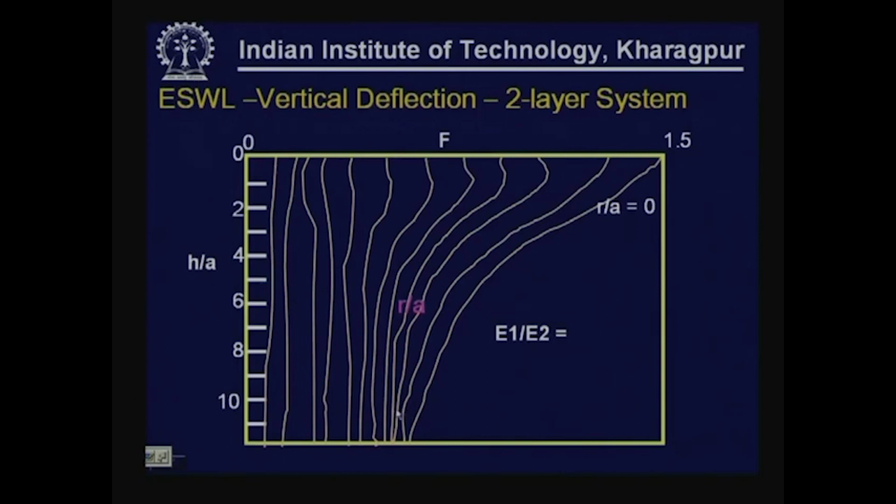You normally get standard charts in standard literature for different modular ratios, where E1 is the modulus value of the upper layer, E2 is the modulus value of the lower layer. For any given ratio you can get a set of charts. So once you identify the chart that has to be used, you know the radius at which this has to be calculated, and also the thickness of the pavement which defines the interface location. We can identify the interface deflection factor.